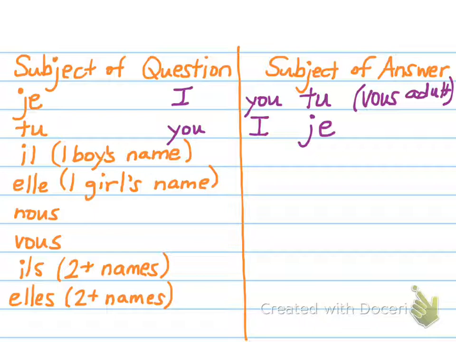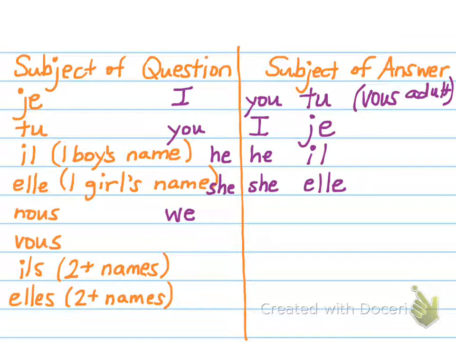Now, think about a boy's name, or he. Does he live in France? No, he does not. So this is going to be a he again. So my subject's going to be il. Right? Does she live in France? Yes or no, she. So again, my subject's going to be elle when I answer that question.